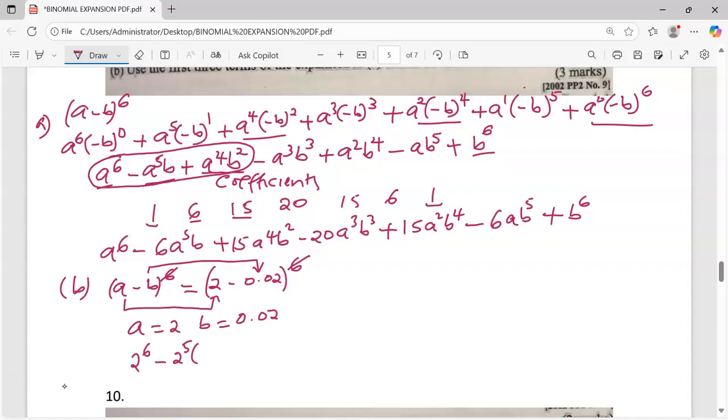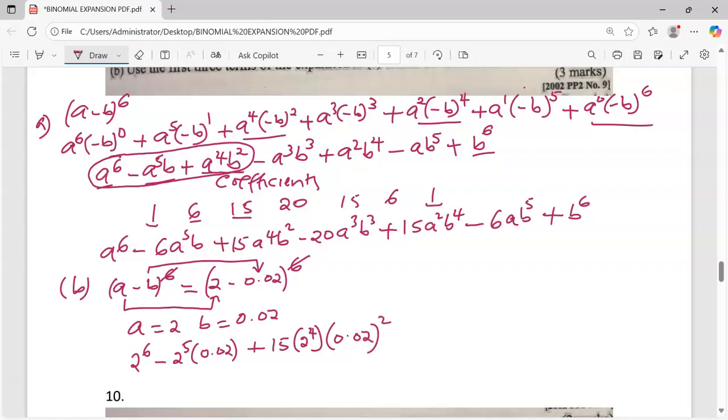We multiply by b, which is 0.02, plus we have 15 into a power 4. Remember a is 2. We raise it to the power of 4. Then we multiply by b, which is 0.02 squared.